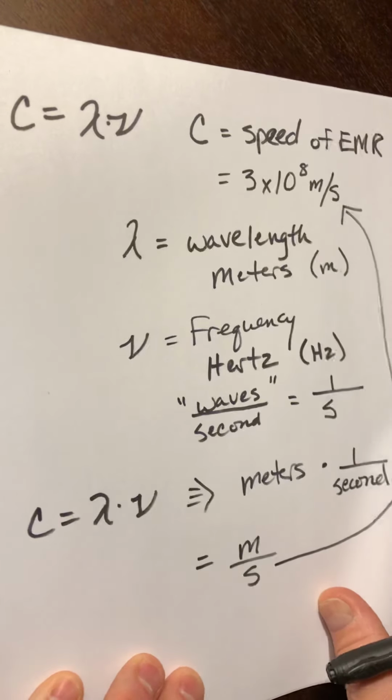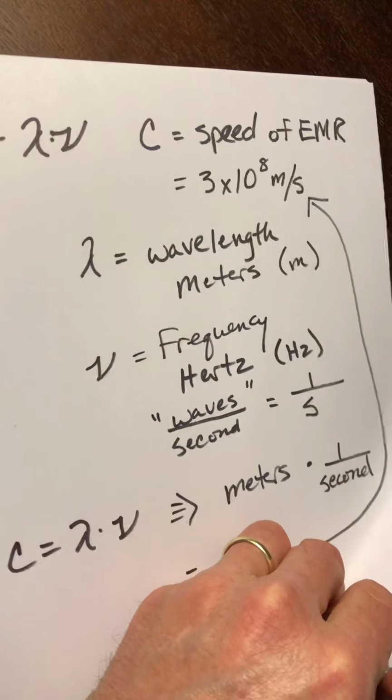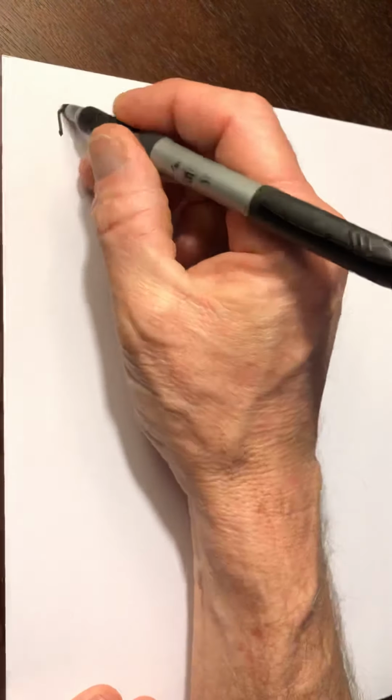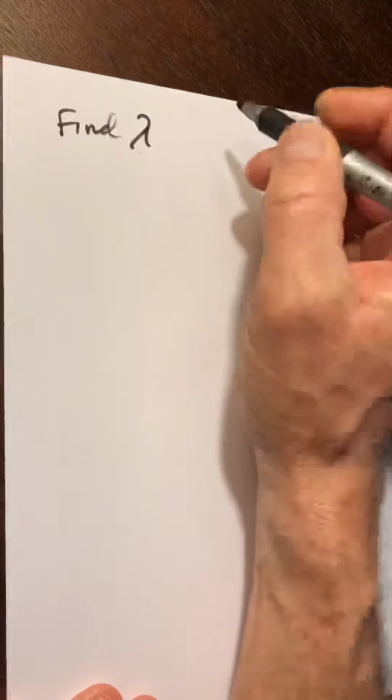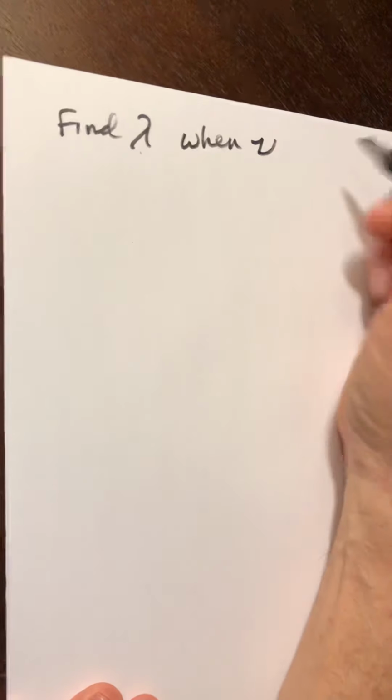Now, as far as using these in calculations, we'll use example 1 from the worksheet to illustrate how we do this. Number 1 says, find the wavelengths that correspond to the following frequencies. So we need to find the lambda when we're given a specific frequency.